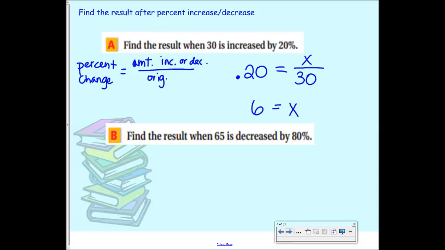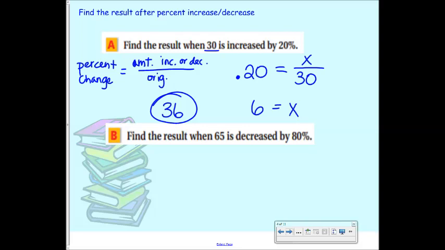So if I had 30 and I increased by 6, now I have what? 36. This is like the icing on the cake of, this is a hard problem because there are lots of little steps, okay? So this is really awesome if you can get the 6. But then try to remember the icing on the cake step is what's your end result? All right, increase, add, decrease, subtract.